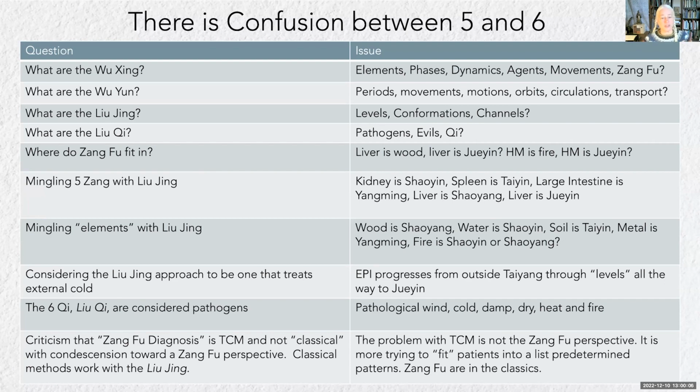And then also there's confusion about what a Liujing approach is. And what we learn about in school is really that it's these 6 levels that are about an external pernicious influence coming in from outside, maybe a cold influence coming in from outside, which is the superficial level, through all the levels, with the Jueyin being the deepest.